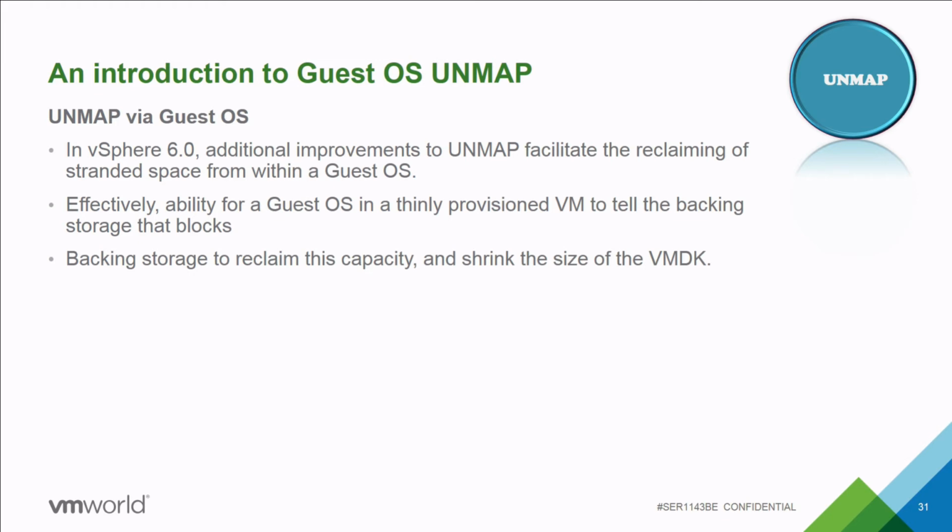After it deletes a file and moves it, it can issue unmap to it. Then ESX, the virtual SCSI stack, will intercept that. It shrinks the virtual disk in accordance to the amount of space that was reclaimed. And then ESX will issue unmap down to the VMFS itself to reclaim it physically on the array. So this allows end-to-end guest unmap. Now, the virtual disk must be thin. It does not work with thick virtual disks today.